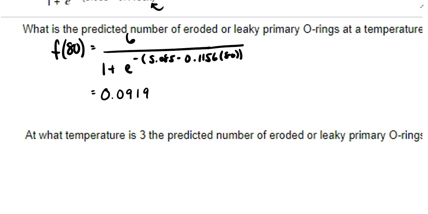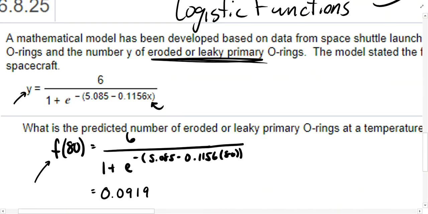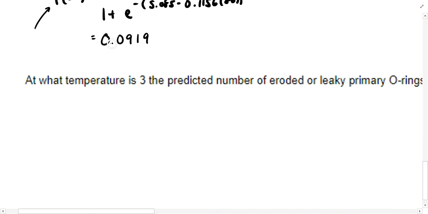0.0919. But what's our unit? What's that mean? Well, remember, the result of this function is the same as our y values. And our y values back here were telling us the number of eroded or leaky O-rings. Now, I don't think it's possible to have 0.09 leaky O-rings, so I would interpret this as, I'll just use my units here, O-rings.